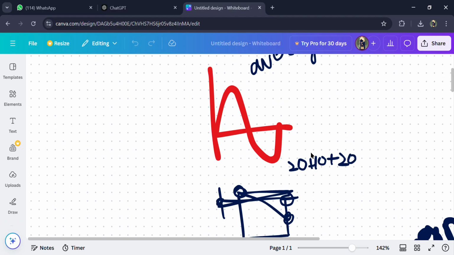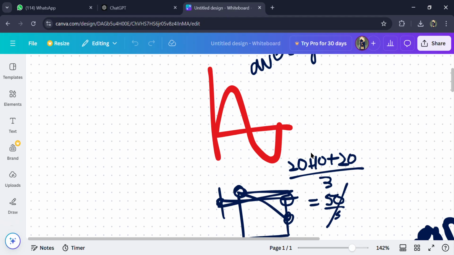In that case, we divide by 3 because we have three values, and our answer would be 50 divided by 3, and you can just calculate it since it's not our topic. I'm just telling you that whenever it becomes difficult to tell an instant and direct value, you take the average.